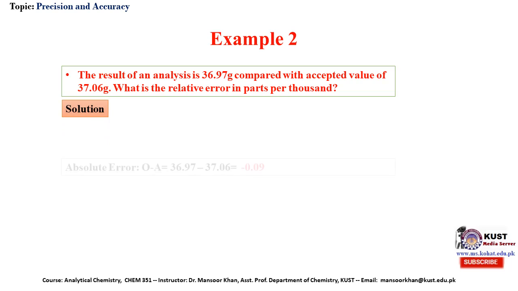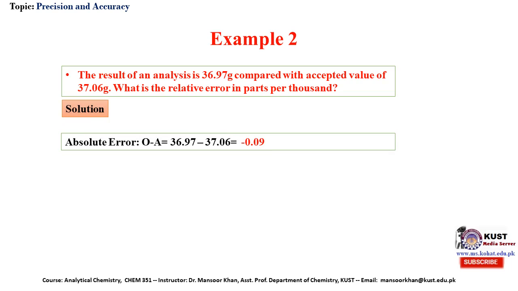Now, the solution is, as we know, before calculating relative error, we should determine absolute error. So the absolute error is equal to observed value minus accepted value. Observed value is 36.97, while the accepted value is 37.06, and the absolute error is minus 0.09.